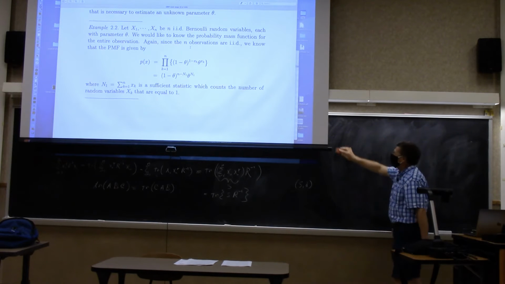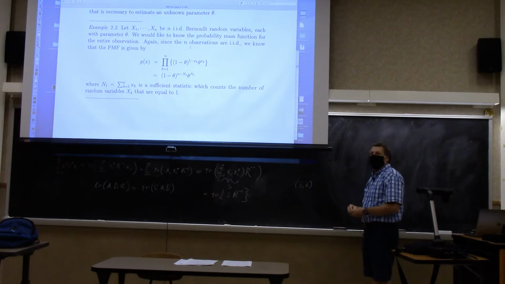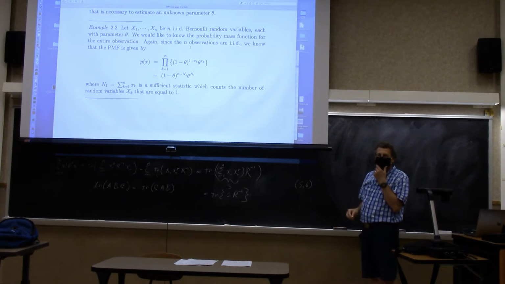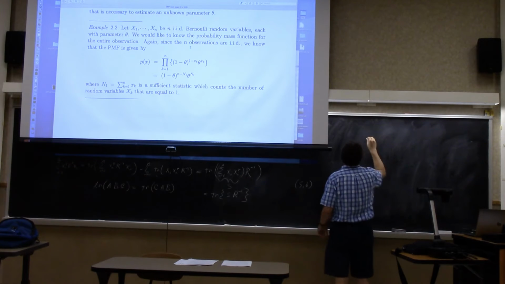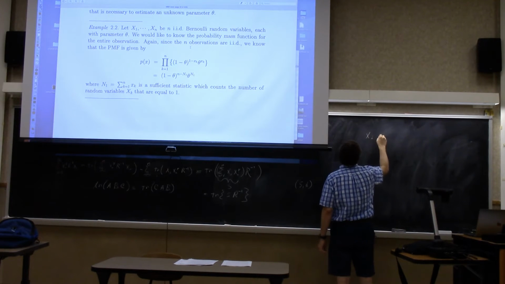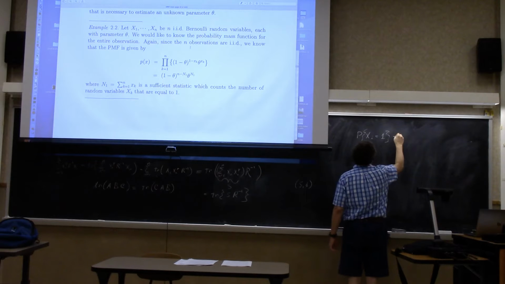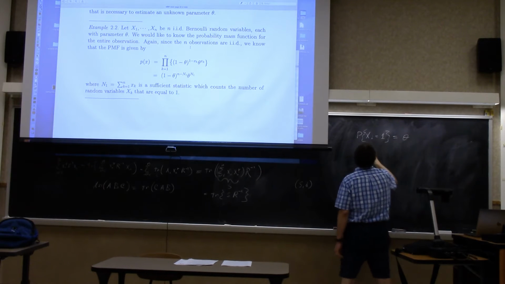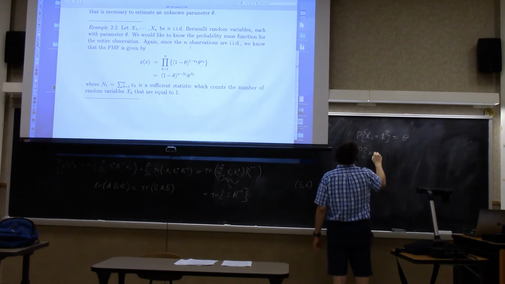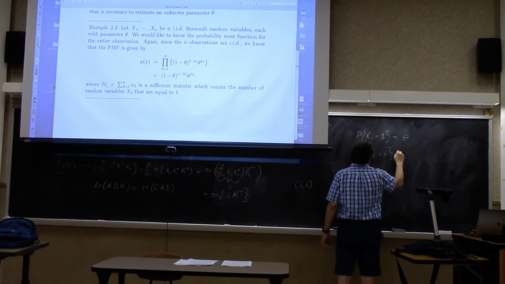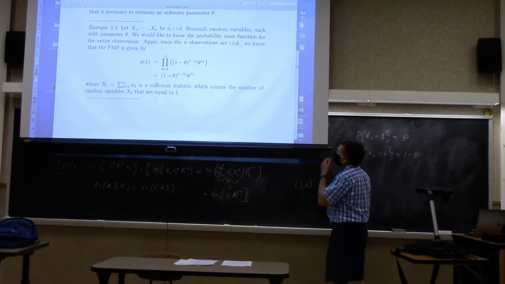You're looking at how often something occurs, and the observations are independent. So the probability that xi equals 1 is equal to theta, and the probability that xi equals 0 is equal to 1 minus theta, okay?